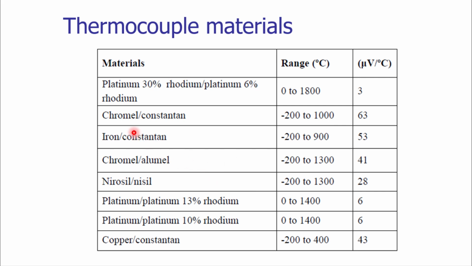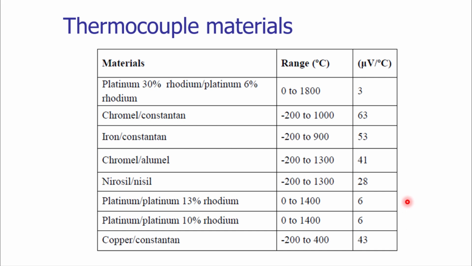Then we can have a combination of chromel and constantan, iron and constantan, chromel and alumel, nicrosil and nisil, then platinum and platinum with 13% rhodium, platinum and platinum with 10% rhodium, and copper and constantan. So in this way, a variety of combinations are available in the market, and we need to choose a proper combination based upon its application.